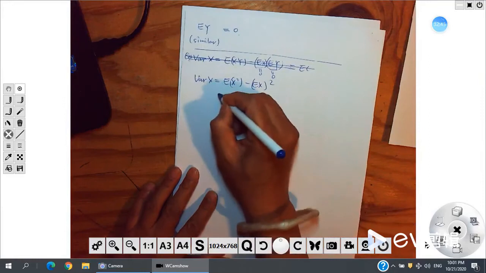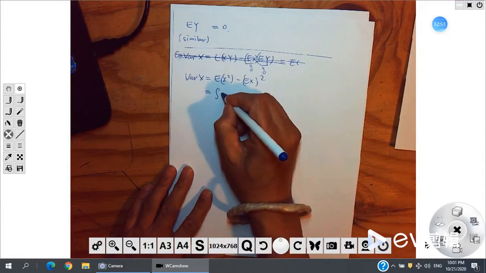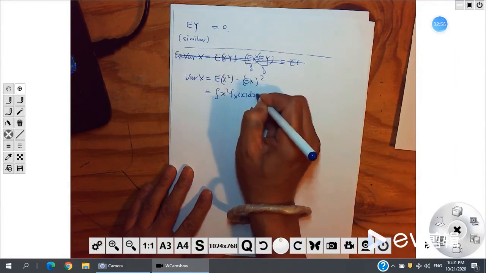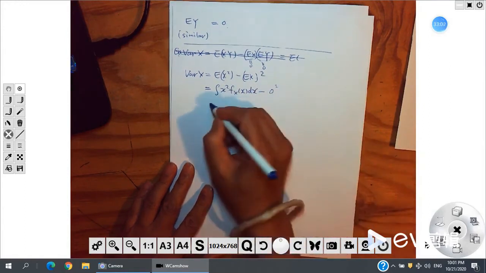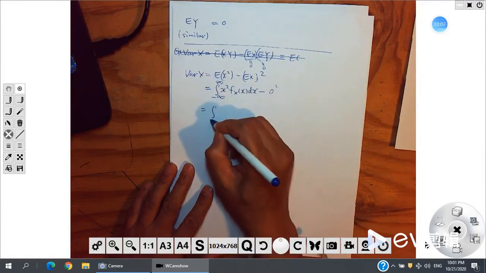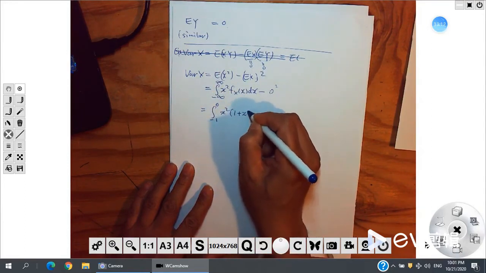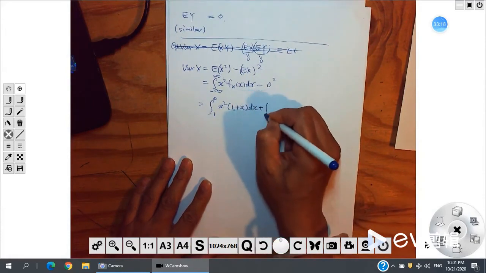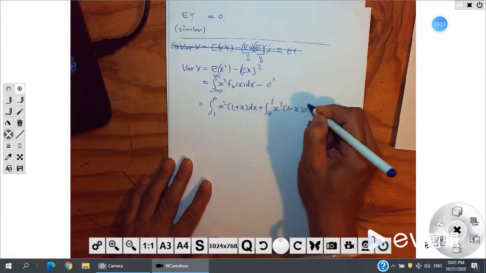Then E of x squared is the integral of x squared times fX of x dx, minus E[X], which is 0, so 0 squared. That's nothing, right? Now I separate this integral from -1 to 0: x squared times 1 plus x, which is 1 minus the absolute value of x, dx, and plus from 0 to 1, x squared times 1 minus x dx.